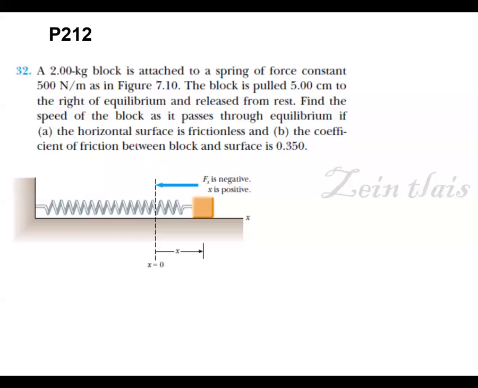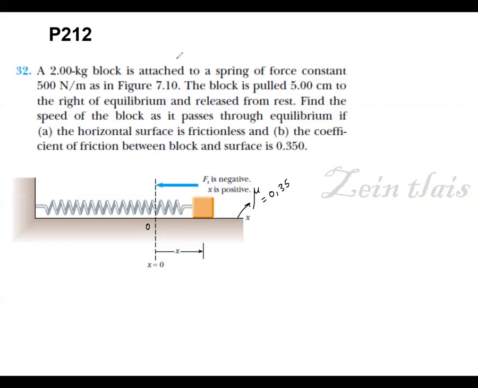Here we have part B. We have to solve part B. We have to find the speed of the object at the position O if the kinetic coefficient equals 0.35.